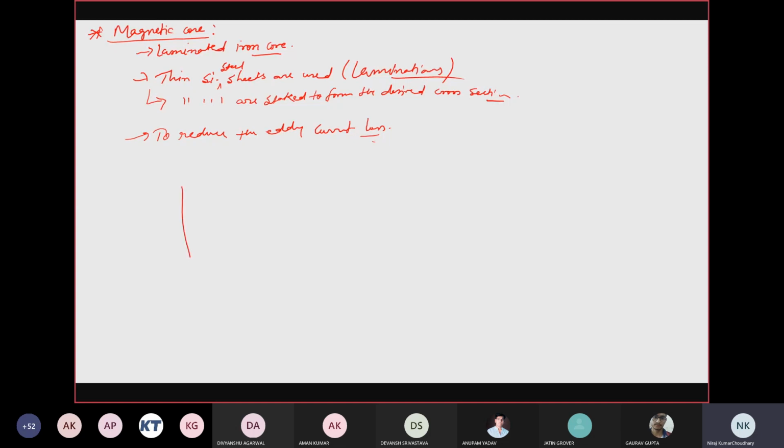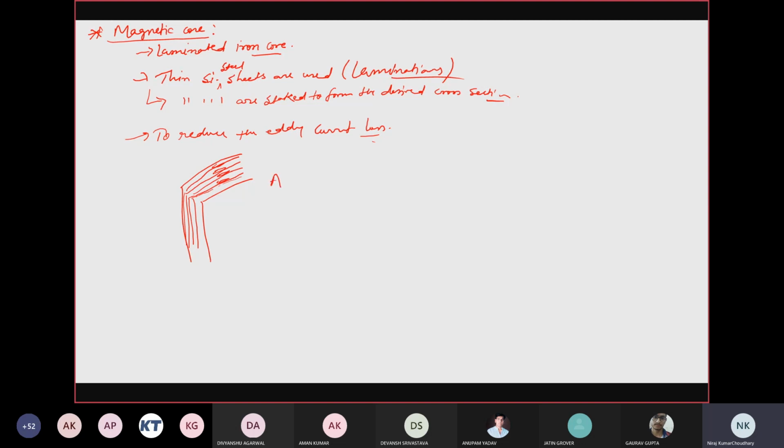How it is done we have already discussed कि जब हम लोग thin sheet यूज कर लेते हैं, then the magnitude of the circulating current reduces due to the lesser cross section of each and every laminated sheet, and all the laminated sheets are insulated from each other by a thin layer of varnish insulation between the laminations. Therefore the effective area of cross section decreases.